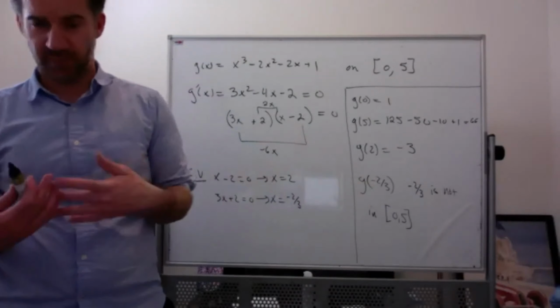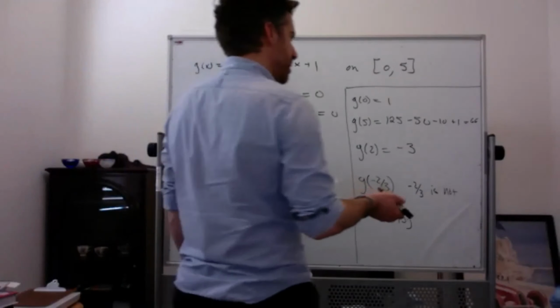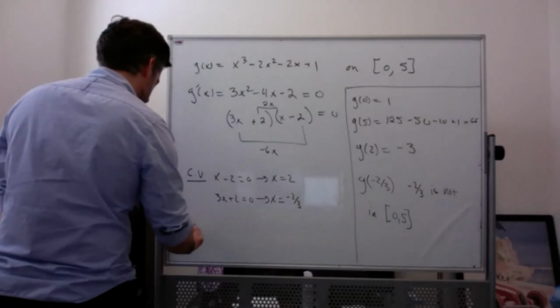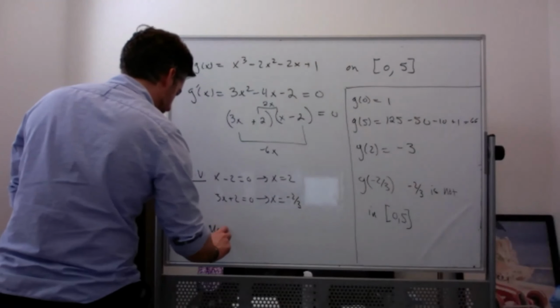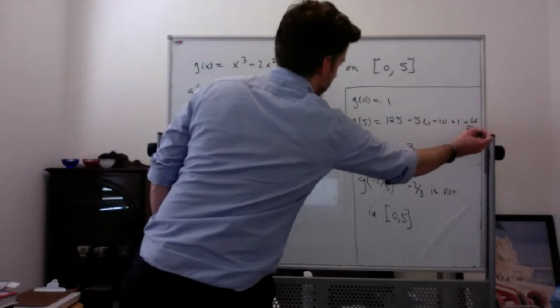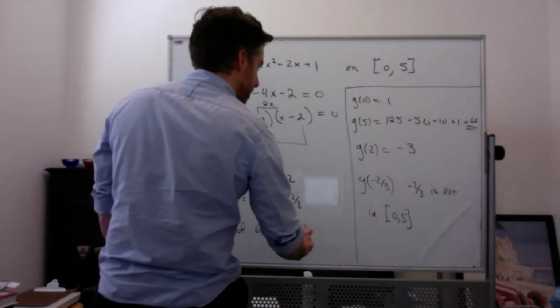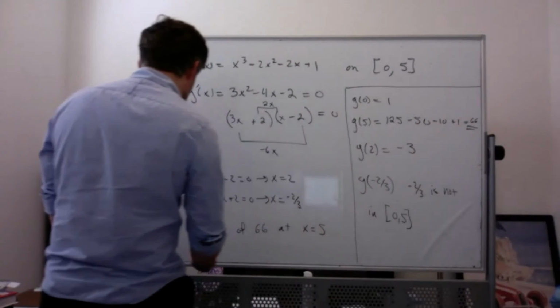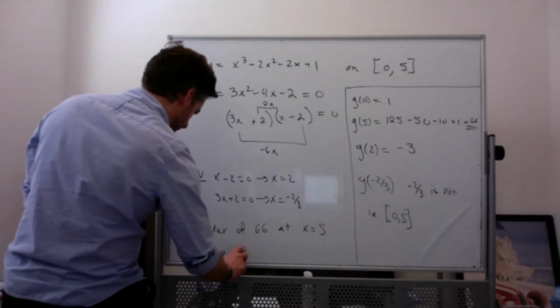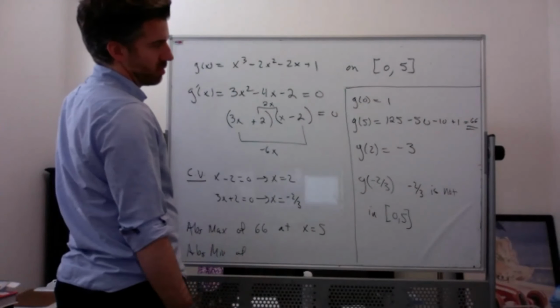They're not fair game. So I would say that I have an absolute maximum of 66, or that's my maximum value at x equal to 5. And I'd say I have an absolute minimum value of, what's my absolute minimum value?